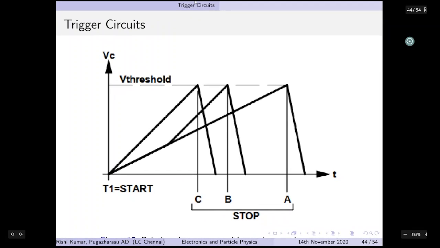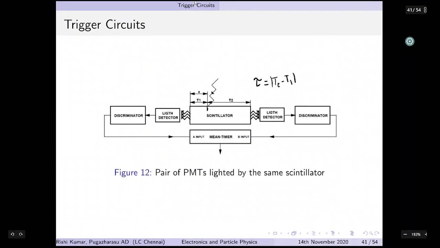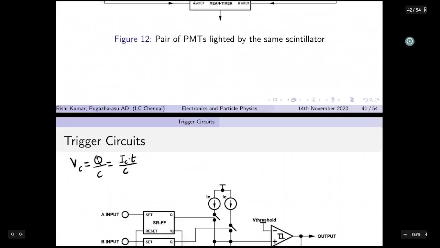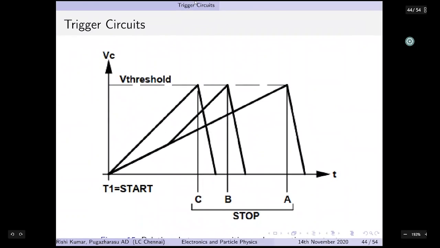Instead, what you could do is superimpose them, and let it start and stop at these columns. If the particle is in the left, the TDC counts the time of waveform A, and if it's in the second column, it counts B. If it's in the third column, it counts C. So you're basically using different sawtooth or triangle waveforms for different positions of striking here, and you're only going to be looking at these means.